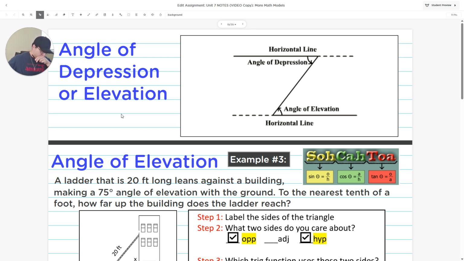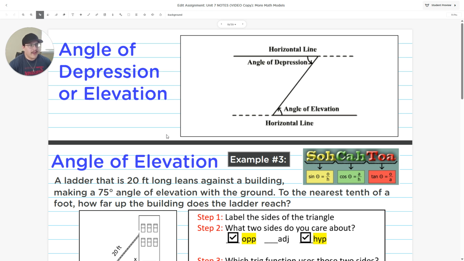So again, just to show you on screen, when you're looking at something straight, if you look up, that's an angle of elevation. When you're looking down, that's an angle of depression. We're going to use those facts to create triangles and solve real-world problems using those triangles and values that we have from the given information.